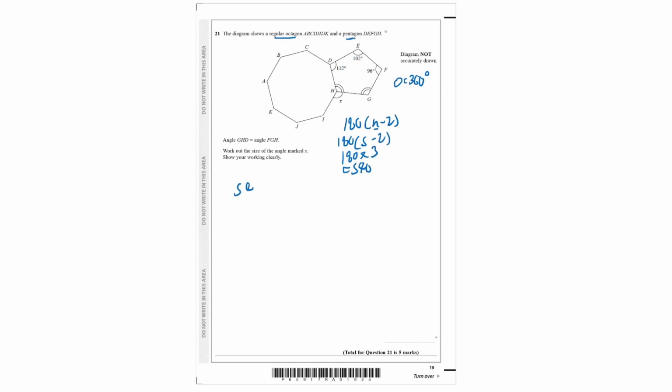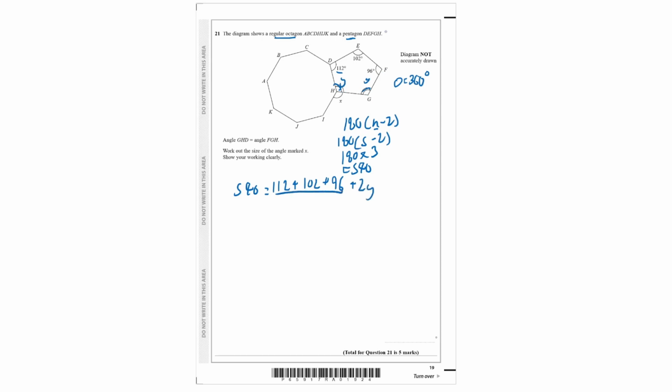Now we know that 540 is equivalent to 112, because it's given here, plus 102, plus 96, and we can see that angle DHG and angle HGF are equal. So we can just replace them by y. So we can write here plus 2y.